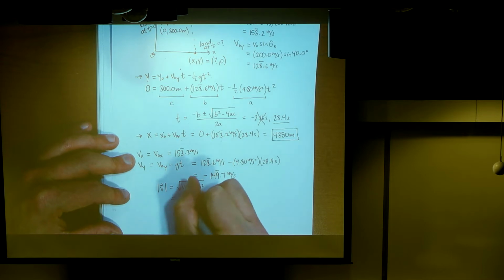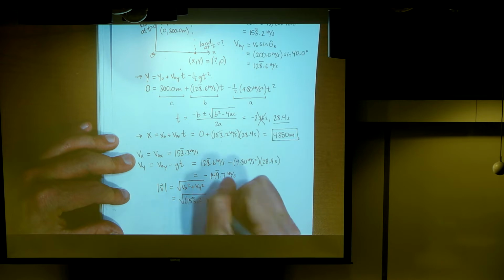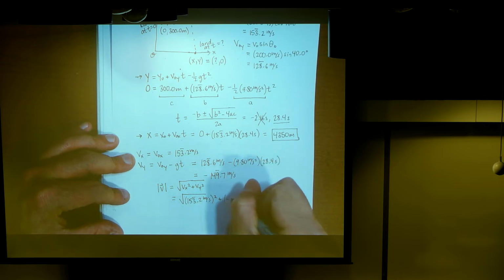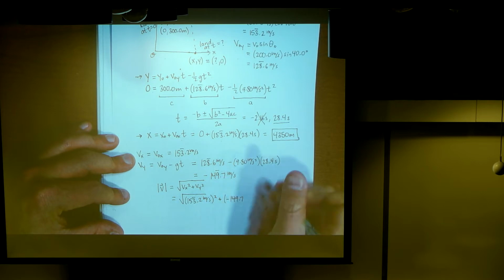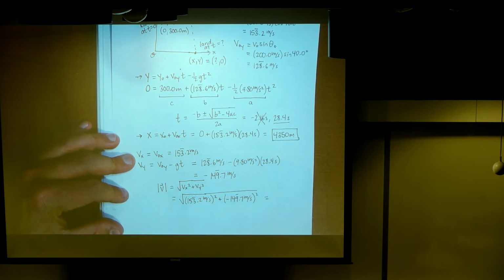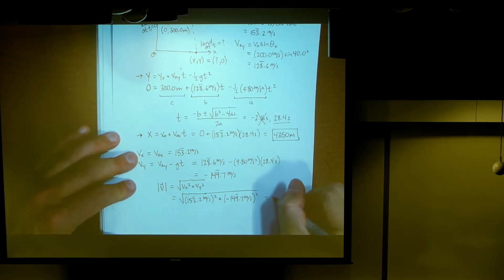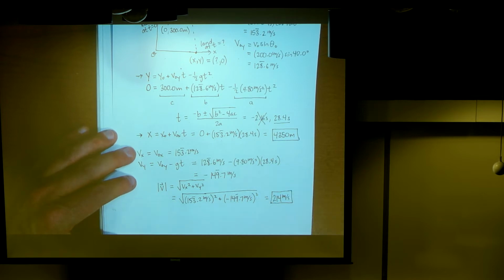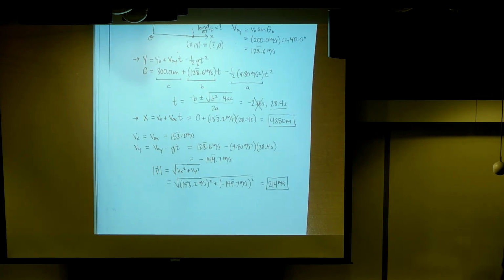We have the square root of 153.2 meters per second, squared, plus negative 149.7 meters per second, squared as well. Okay, now this comes out to 214 meters per second. So that's the speed of this projectile on impact with the ground.